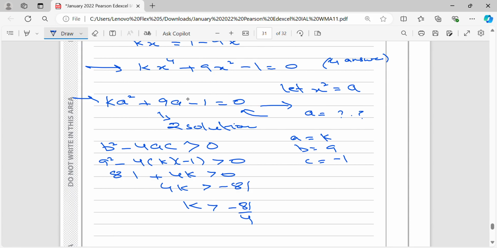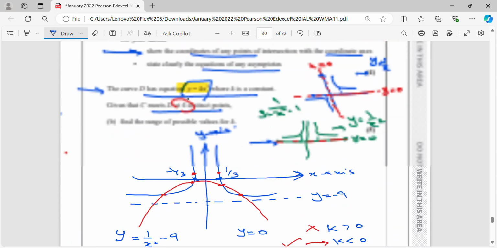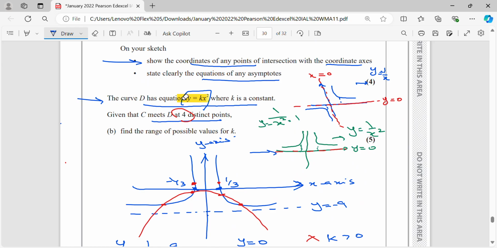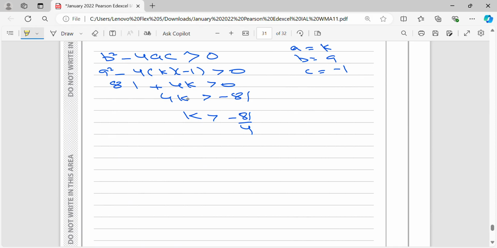So the question says find the range of possible values of k. Okay, so the possible values for k is when k is greater than -81 over 4, and I cannot ignore that k is less than 0.